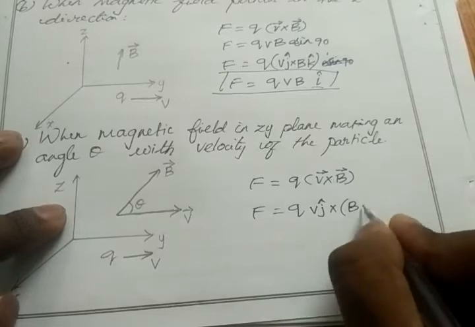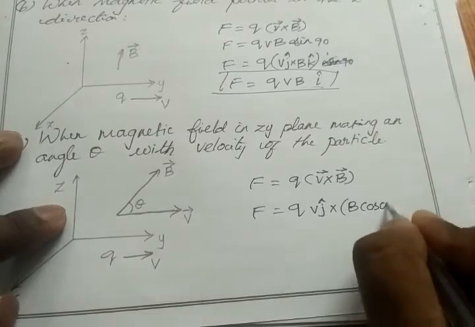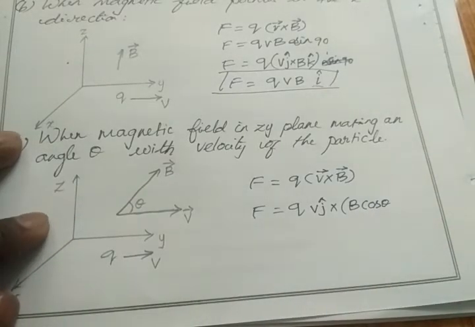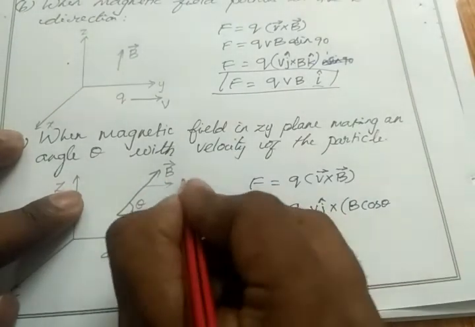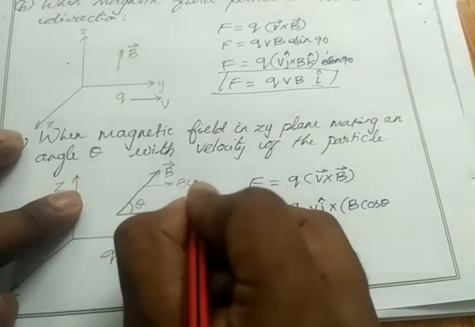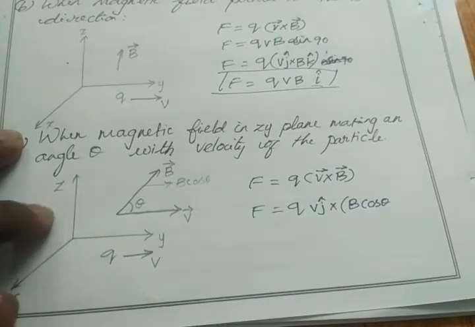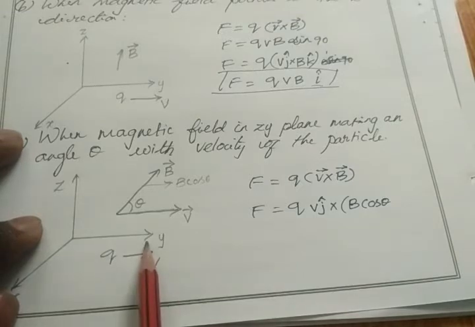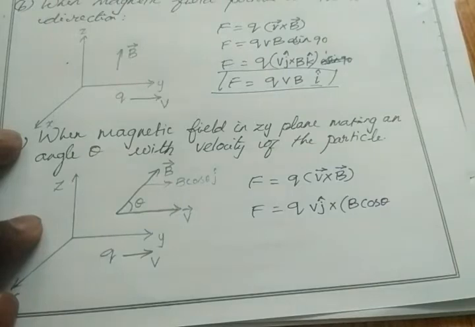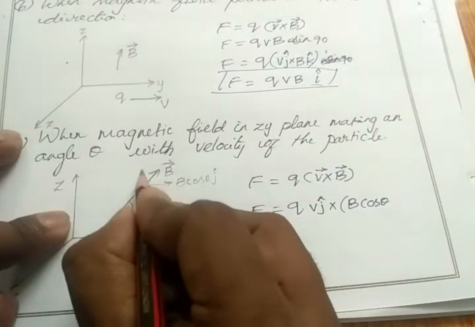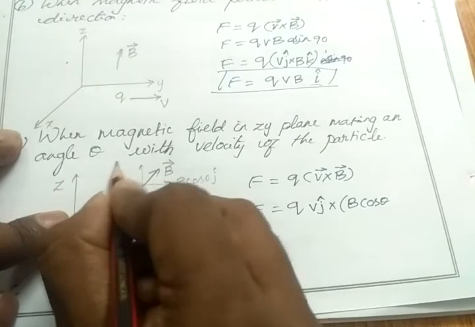First one is B cos theta, horizontal component. Okay, I can draw here if you want. Horizontal component is taken as B cos theta. So in which Cartesian vector? Positive y-axis. So positive y-axis I take j cap vector, right? And vertical component as B sin theta.